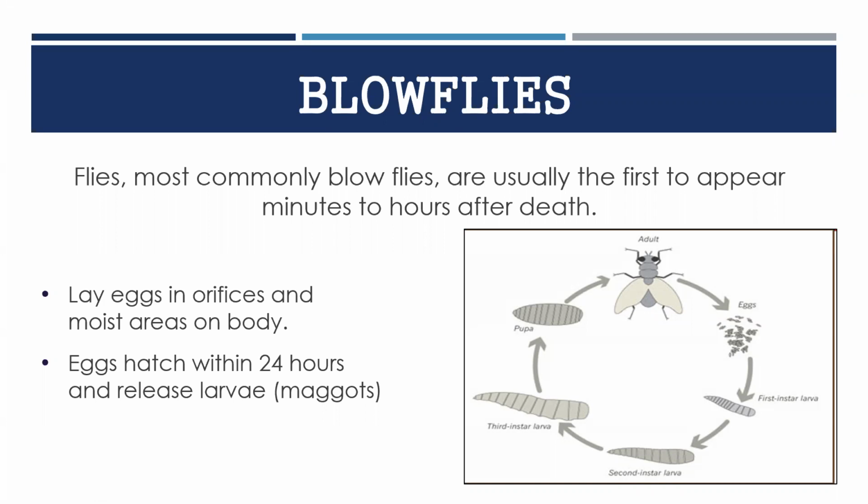Their eggs will on average hatch within 24 hours, and they release their larvae, which you may also know as maggots. The maggots then grow bigger, and then they turn into pupa, which is kind of like a cocoon, and then you have a new adult blowfly. So you have many generations occurring throughout the stages of decomp. So they're able to study not only the size of these insects, but also the generations of them.